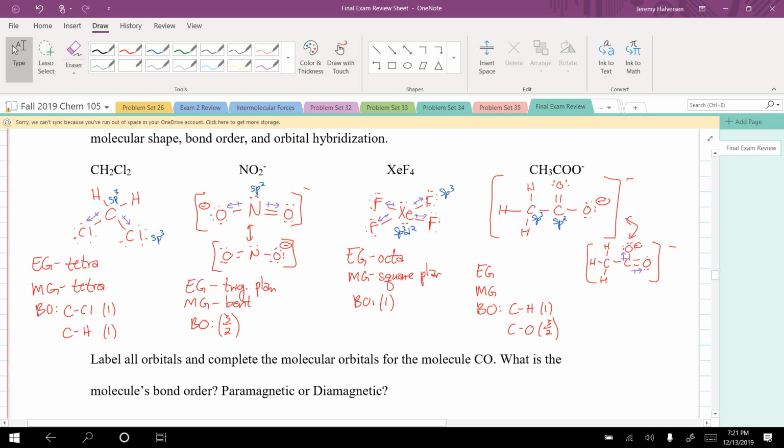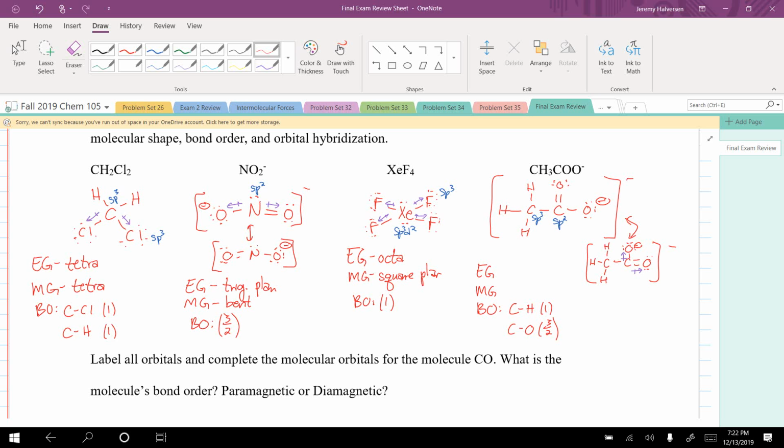Actually, I bet if you just had NO2 instead of NO2 minus, then you'd be missing an electron. You'll probably have one by itself, which is fine, but don't resort to that. Make sure that you're doing everything right first. It's multiple choice, so.